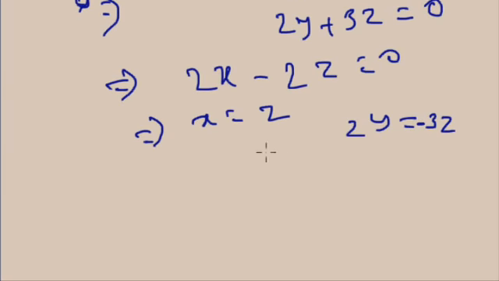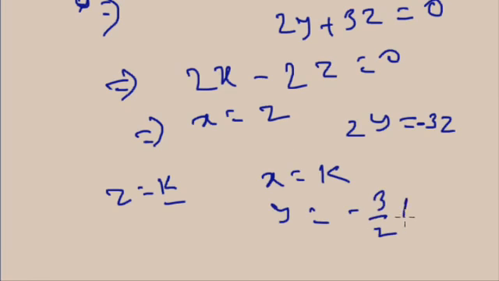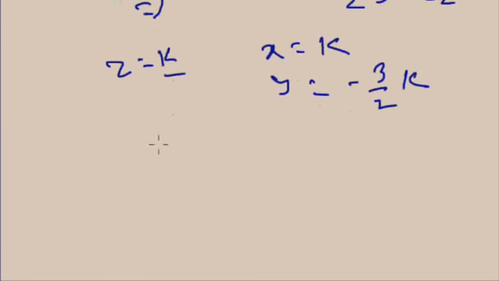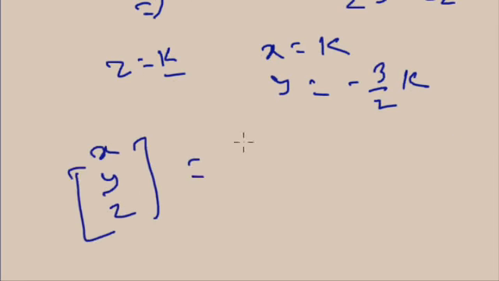Suppose z is k, so x will be k and y will be minus 3 by 2 k. So I can write x y z as k times 1, minus 3 by 2, and 1.